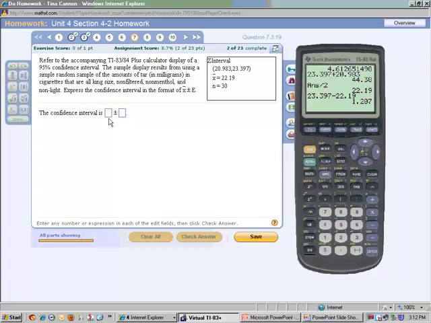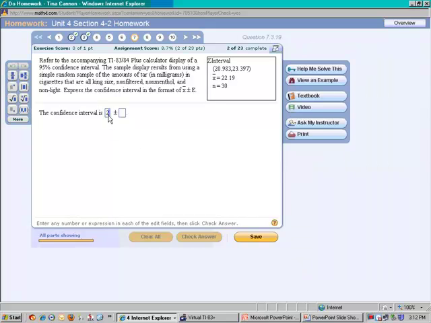Okay, so now when we type this in, we have 22.19 and we have a margin of error of 1.207. Now you could check this by adding the two numbers and seeing if it gives you this value, or subtract the two numbers and see if it gives you this. And that's a way of checking to see if your answer is correct.